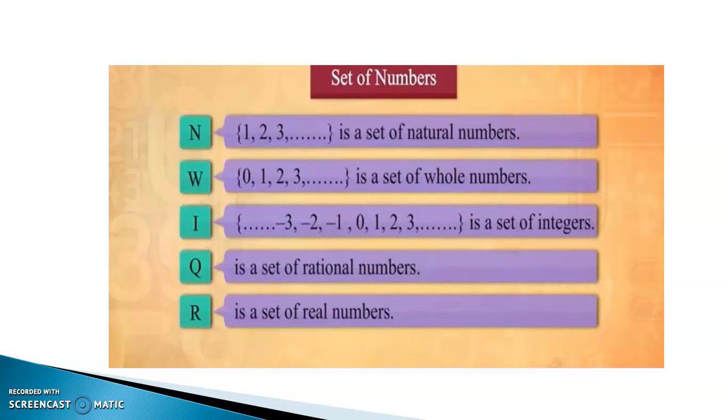Set of natural numbers is denoted by capital letter N. Set of whole numbers is denoted by capital letter W. Set of integers is denoted by capital letter I. Set of rational numbers and set of real numbers is represented by Q and R respectively.